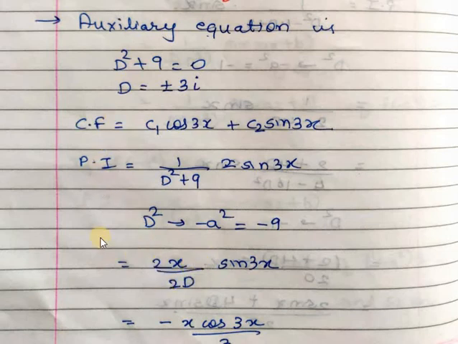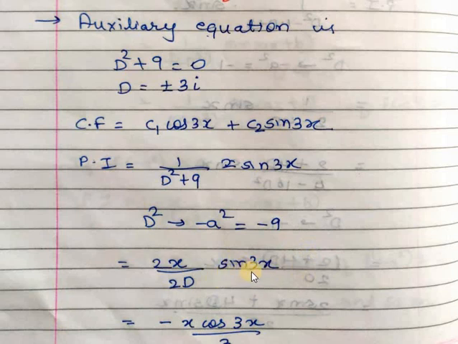We know that capital D means derivative. Capital D is a differential operator which represents the derivative. So 1 by d represents integration. So here we will have to take the integration of sin 3x, because here it is 1 by d of sin 3x.